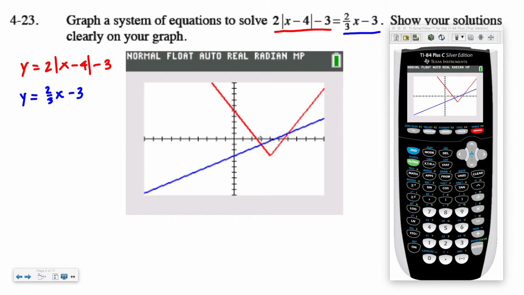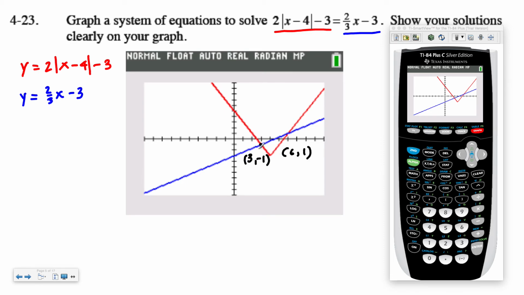Okay, to look at the 2 intersection points, we've got an intersection point right here, and that's going to be at 1, 2, 3, then down 1 there. So we've got the solution 3, -1. And we're going to go over 1, 2, 3, 4, 5, 6, and up 1. Got the solution 6, 1 there.